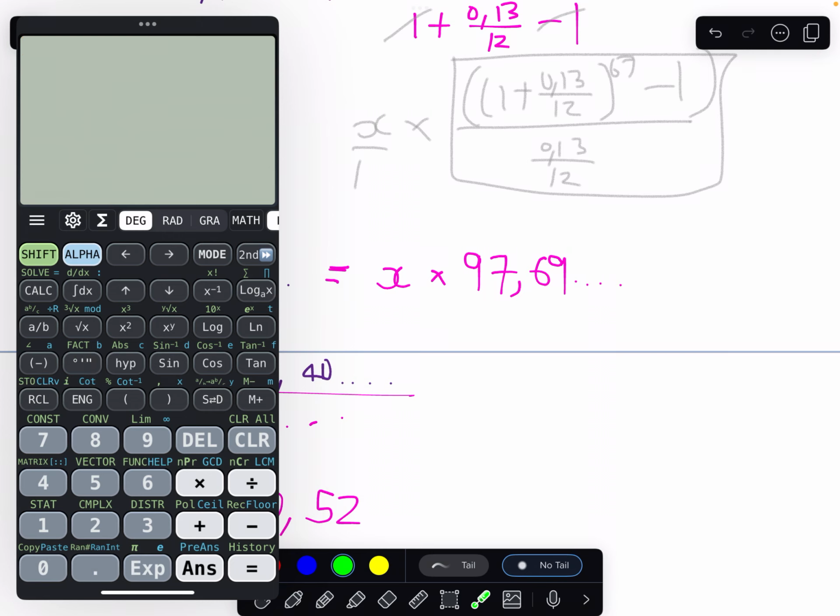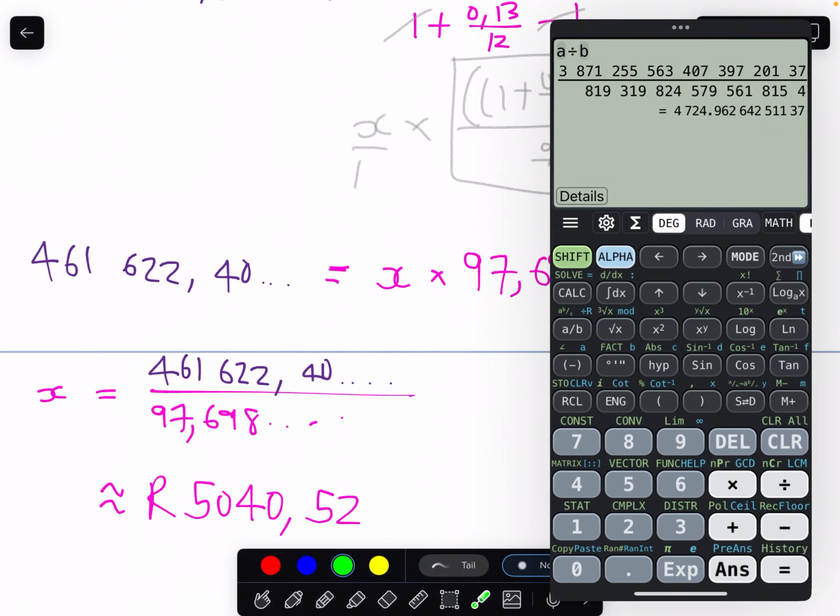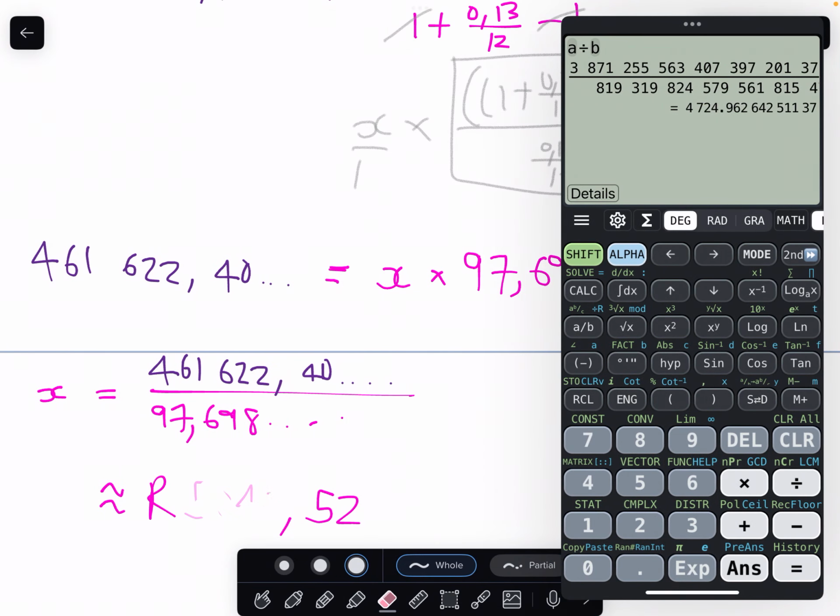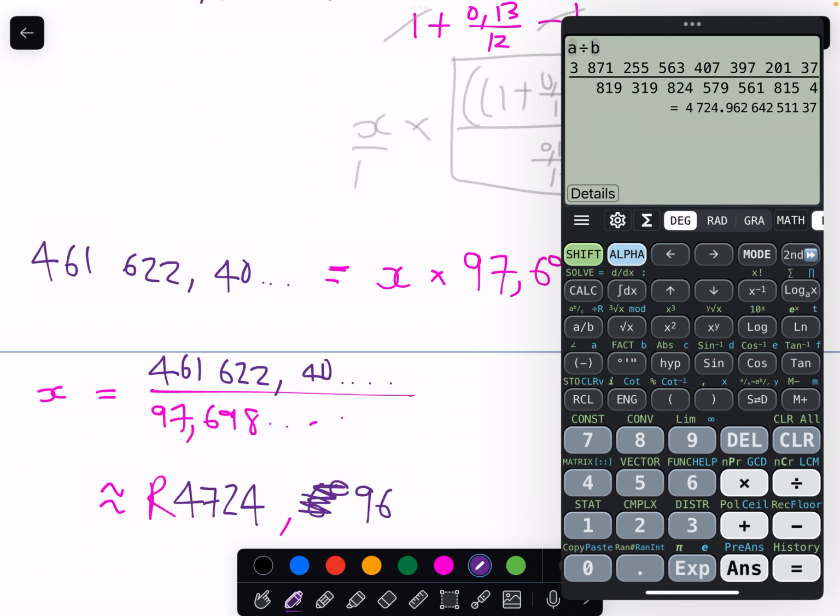So now we're going to see that guy divided by this guy, and we get 4724.96. Okay, excitement took over. We get the correct answer. Sorry, memo.